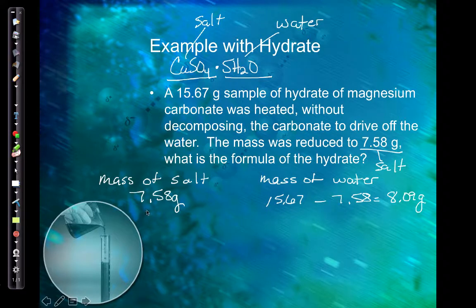So instead of looking at each individual element, I'm looking at the compound and then the water. So at this point, I've got mass to moles, so now I'm going to get the moles of the salt and get the moles of the water, and then divide by small, and then it's a typical problem at this point. So 7.58 grams of magnesium carbonate, convert that to moles. 1 mole is equal to 84.3 grams. And then we have our water, which is 8.09.